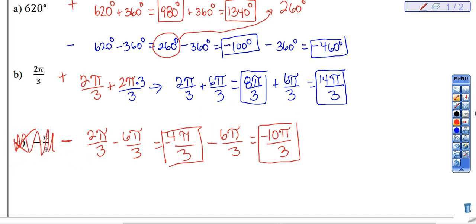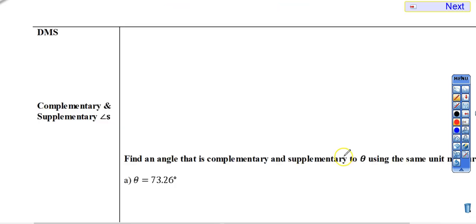All right. Then what we'll do now is move on to the back side of our note page. And we're going to talk a little bit about something I haven't talked about yet: degrees, minutes, and seconds, or DMS. So this is degrees, which is notated with the degree mark.